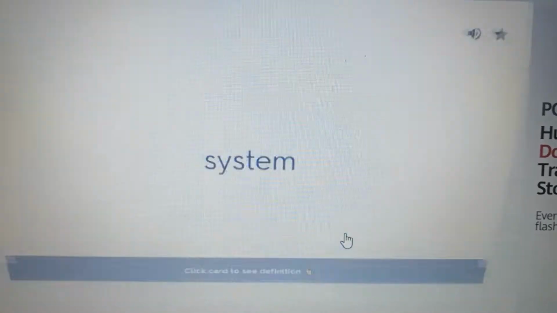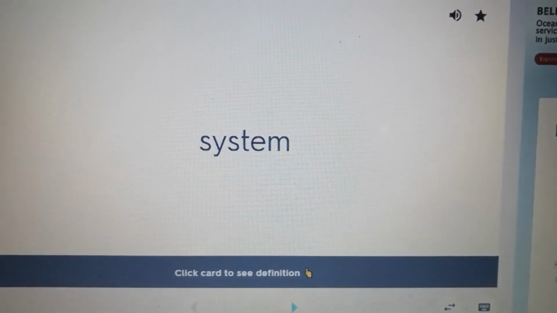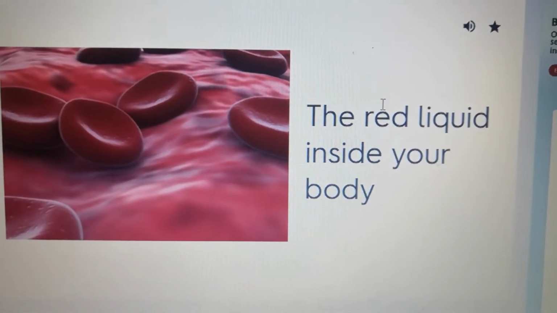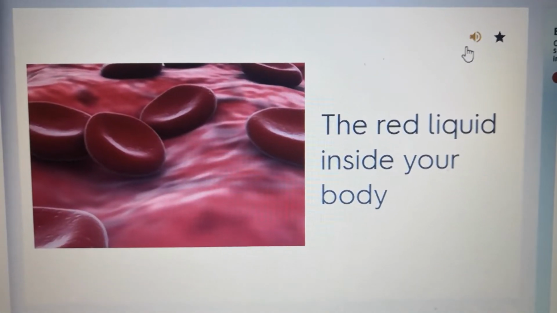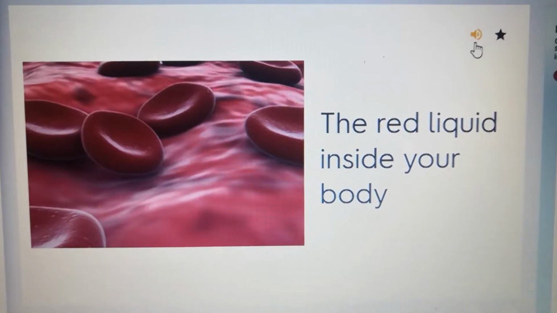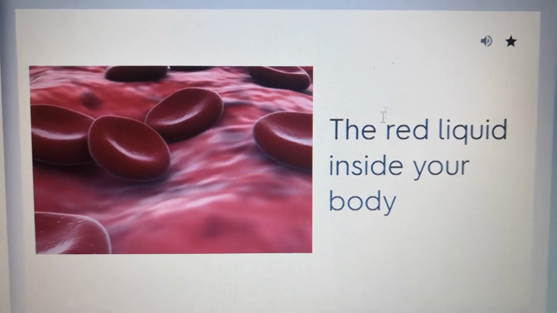Now let's go to the next word. Do you have any idea what this is? This is the red liquid inside your body. Do you know what it is? Now let's check what this word is.